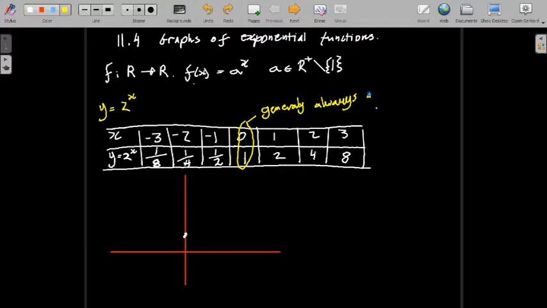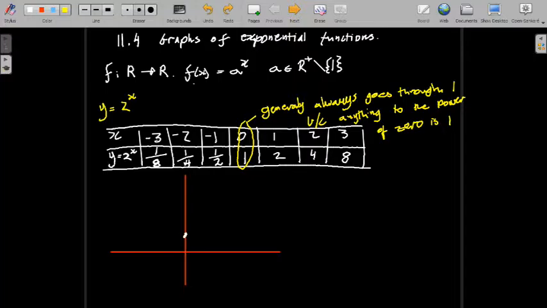Generally it always goes through 1, because basically anything to the power of 0 is always going to be 1.